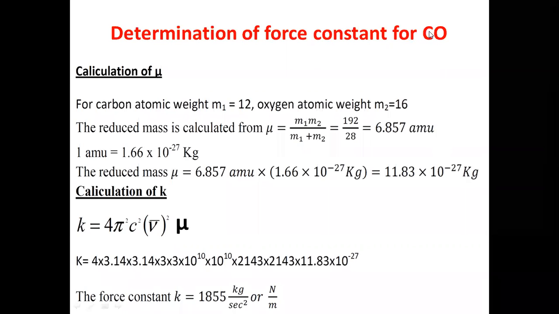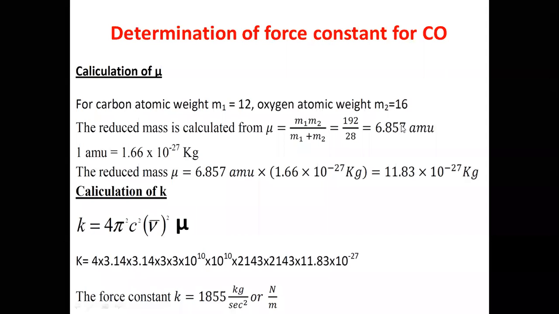What is the mass of carbon? 12. Mass of the oxygen atom? 16. Substituting 12 and 16 in the m1 m2 places, we get 12 into 16 by 12 plus 16, that is 192 by 28, and this is in atomic mass units. This is the unit of reduced mass.